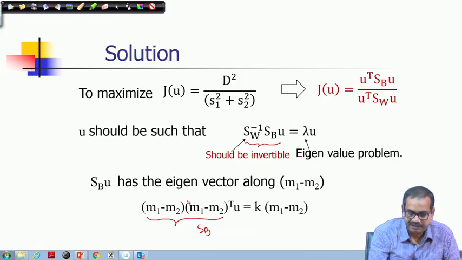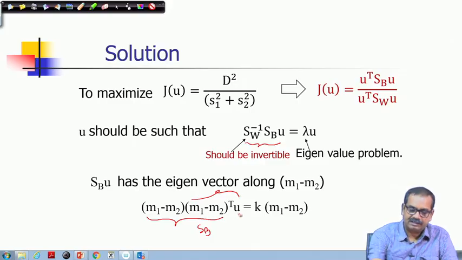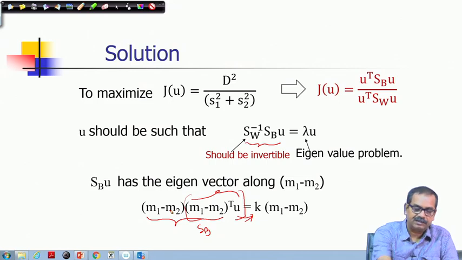This part, as you can see, is the dot product of the difference vector with respect to u, which would be some scalar value k. So, finally, this expression is a scalar term times a vector m1 minus m2. So, the eigenvector of SB is also m1 minus m2.